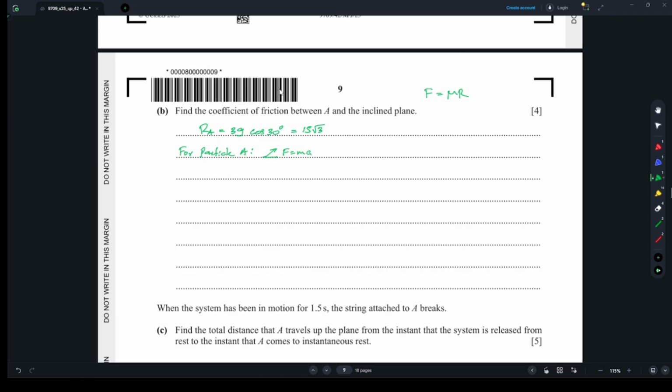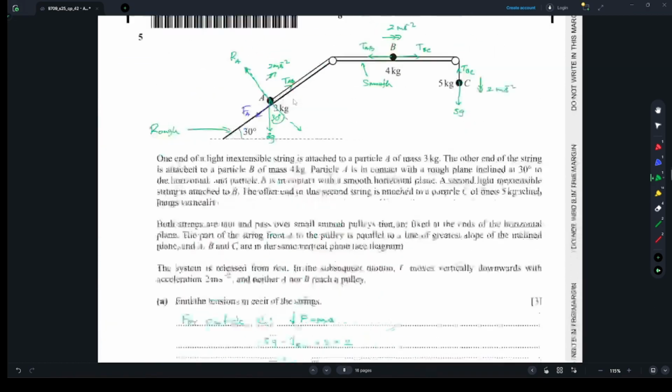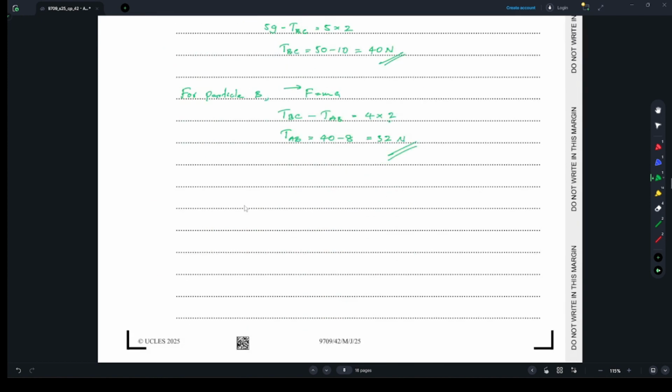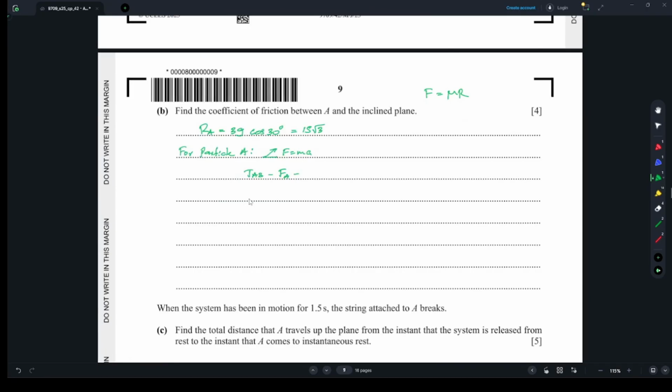So we have the tension TAB minus the friction force minus we have another component from the weight, right? Here from the weight we have 3g sine 30, equals the mass, which is 3, and the acceleration is 2.